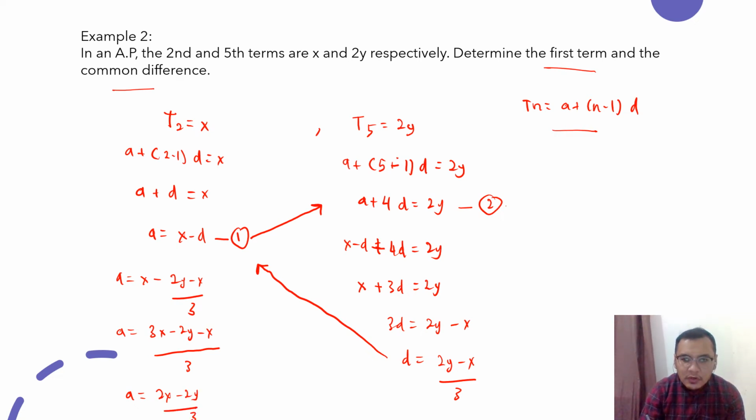Okay, so we can conclude that the first term is 2x minus 2y over 3, and the common difference d is 2y minus x over 3. So this is the answer.